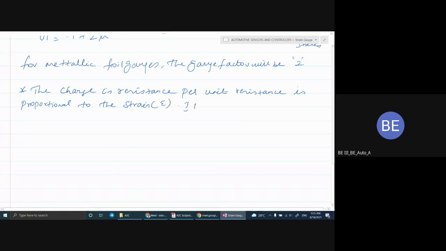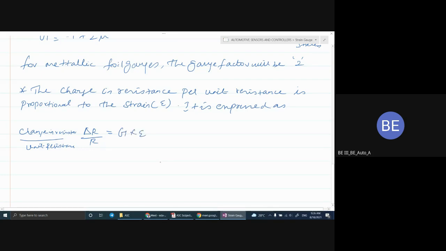It is expressed as delta R by R. So that is the change in resistance per unit resistance. This is the change in resistance per unit or one resistance. That is equal to gauge factor into strain.